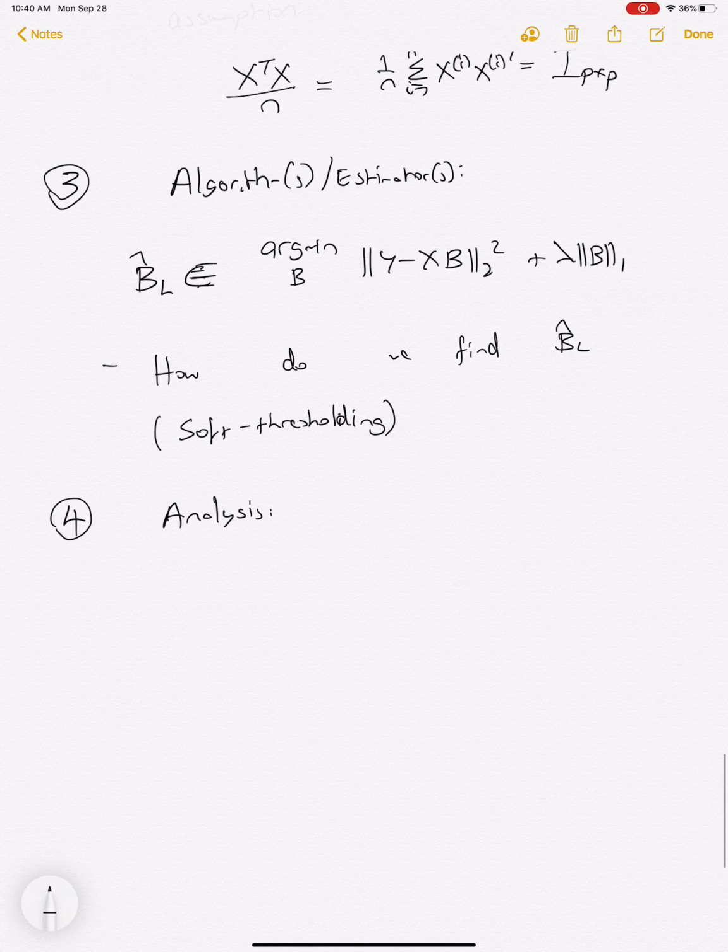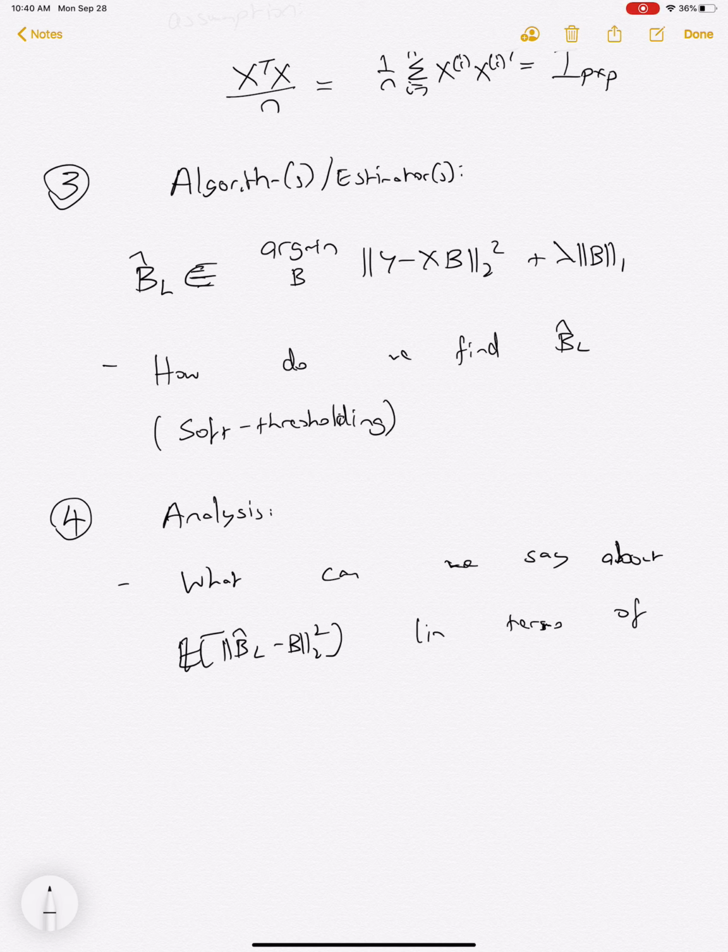And then we're going to address the specific question of what can we say about the estimator. We may get to this today, but we may not. And this is going to be in terms of the parameters S, P, N, and sigma squared. They're sort of our key parameters.